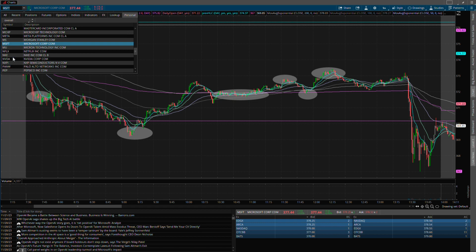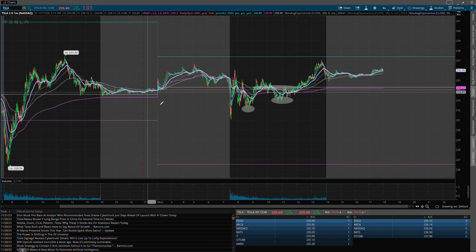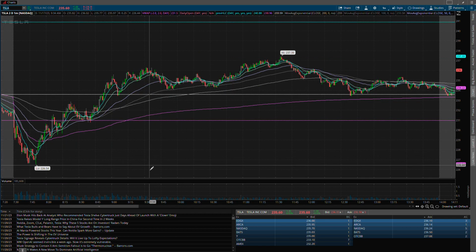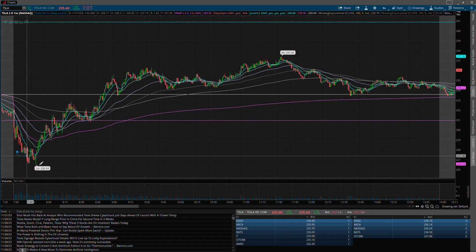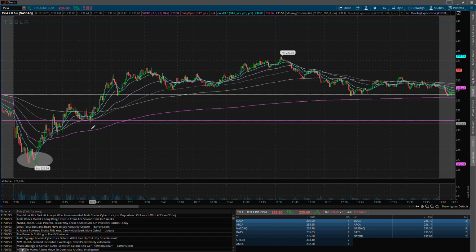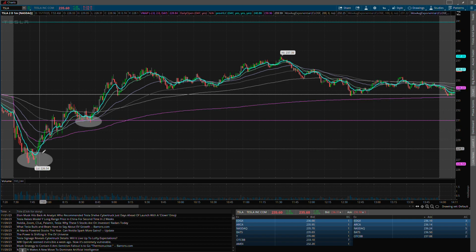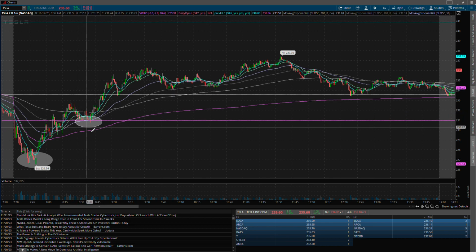Okay, so I'm looking at that. And let's take a look at Tesla and see if I could recognize anything on this day. Yeah, that would be called a major trend reversal. And if I look here, on this trend, that would be considered a continuation. Okay, that would be called a continuation. I would look at this and I would say, okay, that's a continuation of this trend.